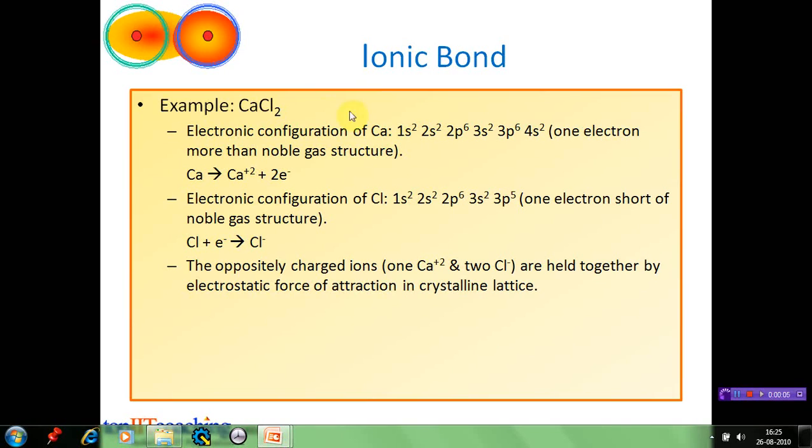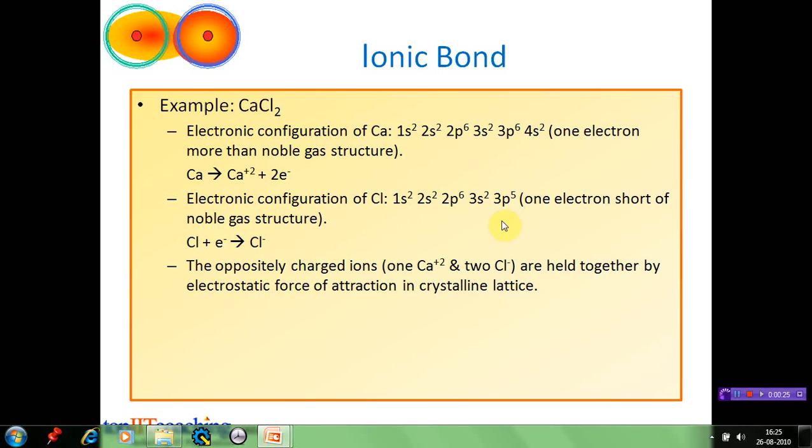Now consider the case of calcium chloride, that is CaCl2. As we can see in the configuration of calcium, the calcium atom has 2 electrons in its outermost shell, that is these 4s2 electrons. After losing these 2 electrons, it can achieve the noble gas structure.